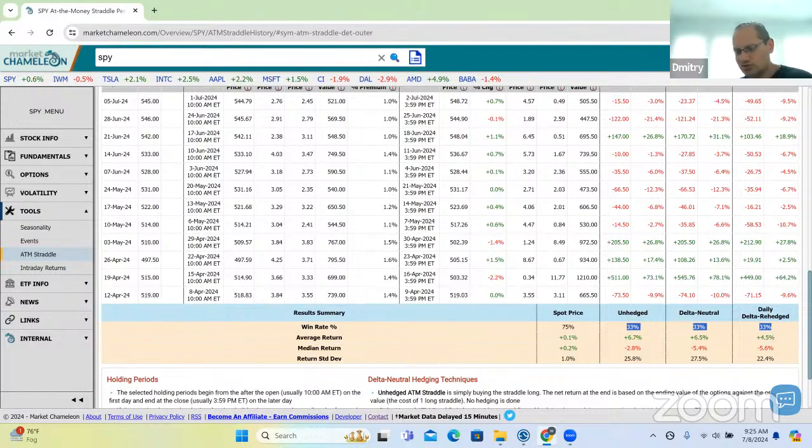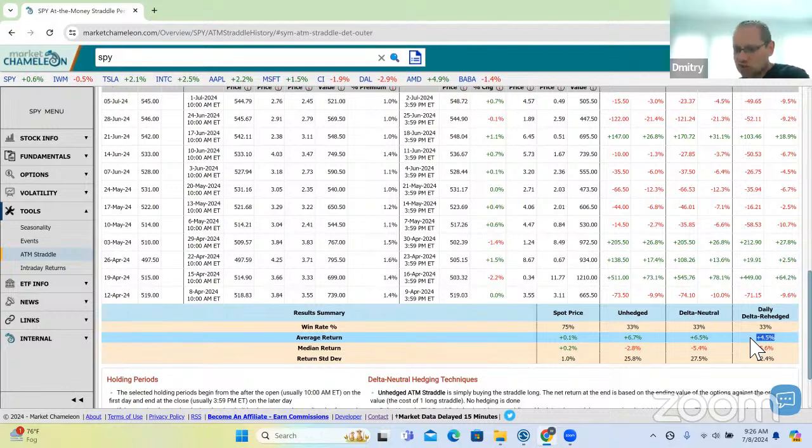What about the average returns? The average returns here look like the best one was with no hedge, so just not involving the stock. Gain on average 6.7%. Delta neutral 6.5%. And if you rehedged it, 4.5%.